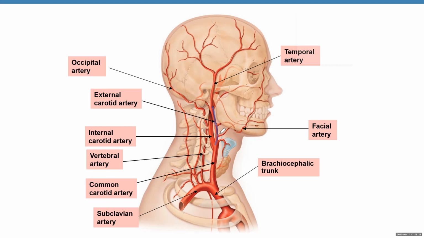Branches from external carotid include facial artery, temporal artery, and occipital artery. There is another important artery that brings blood to your brain, and it's the vertebral artery.